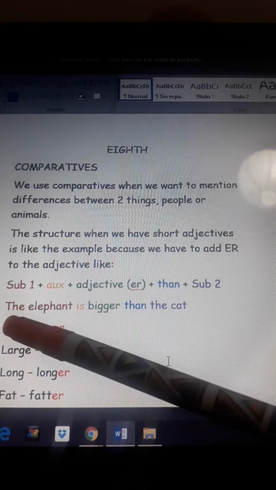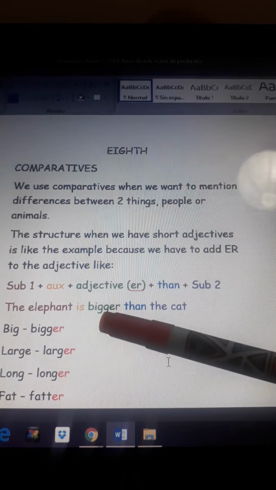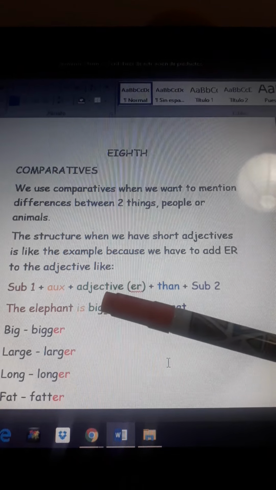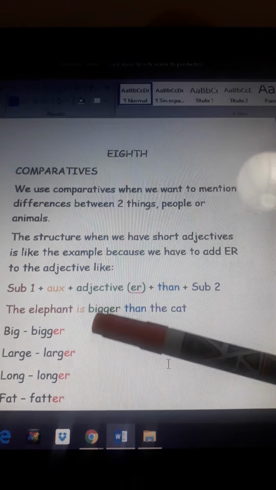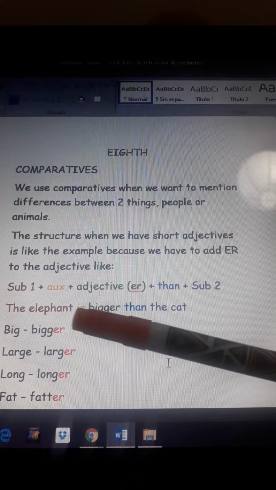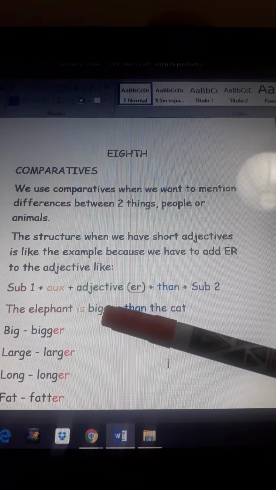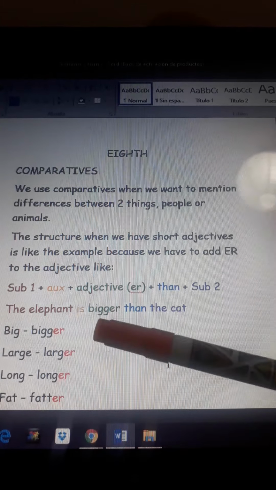Example, the elephant is, this is the auxiliary, bigger is the adjective. If you check, the normal adjective is big, but in comparative we have to add -er. Why do we have a double G? Because before the G we have a vowel, I, so we have to write double G before the -er.